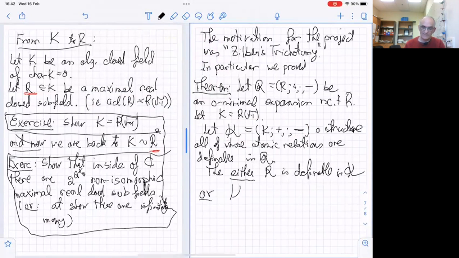Or I'll write it like this and explain: it's just the real field. But I don't mean that it is, because you might get different atomic relations. I mean the same definable sets.